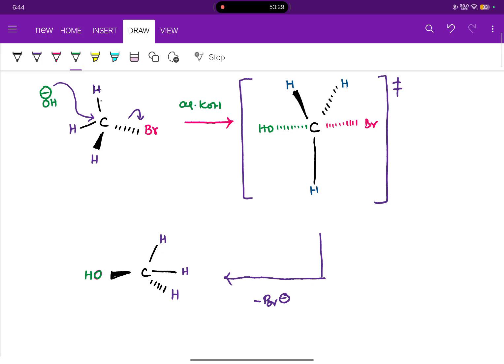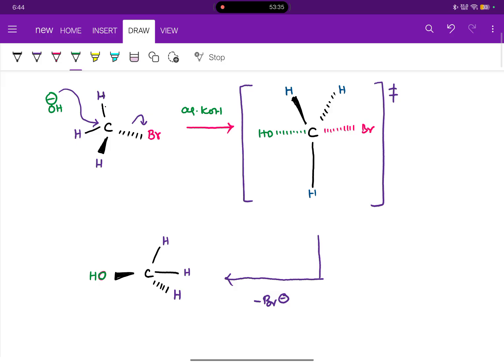So this is a pentavalent short-lived transition state.